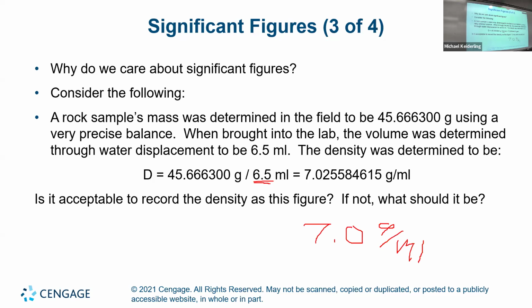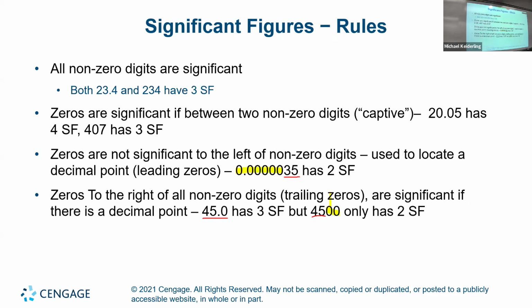Now let's go over how you identify how many significant figures a number has when you see it. So the rules for significant figures. All non-zero digits are significant. So 23.4 and 234 both have 3 significant figures.